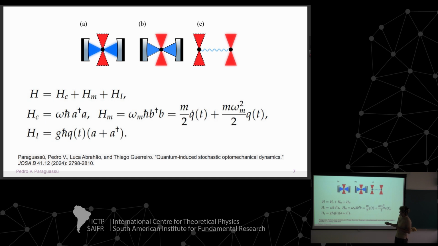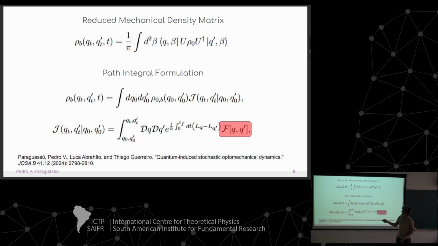So the thing is, I can work with all these systems with the same Hamiltonian, with just two harmonic oscillators linearly coupled, and the idea is to derive a stochastic motion for the classical system that I choose. So this will be the classical one that is interacting with a quantum one.